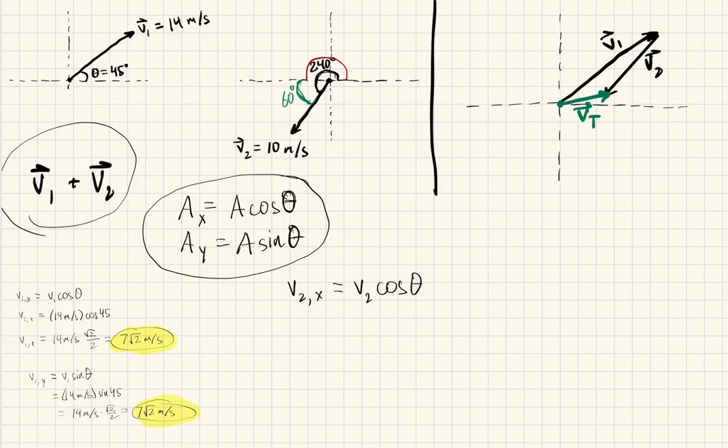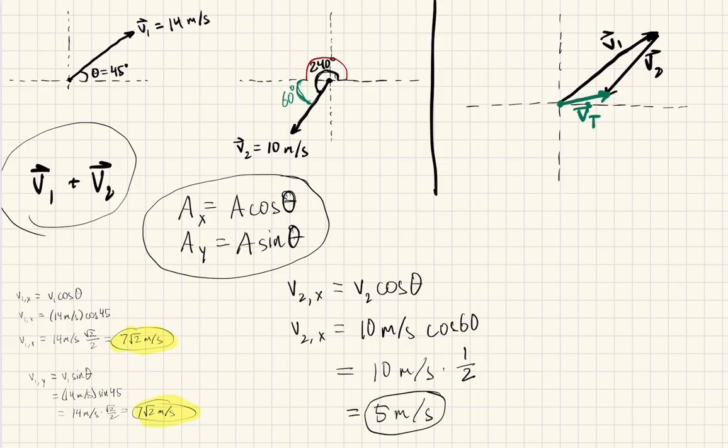So we're going to use 60 degrees here. So 10 meters per second times cosine 60. That's going to give us 10 times 1/2, which is 5 meters per second.